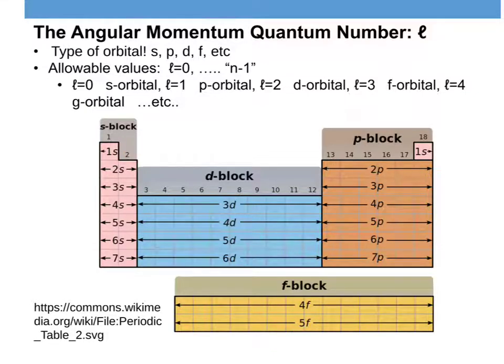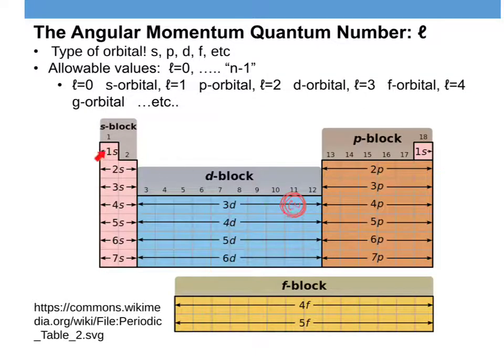And so what we're going to start doing is looking at specific elements. If we're talking about this element, which is copper, copper has all of the orbitals leading up to it. We're going to read the periodic table like a book, top to bottom, left to right.